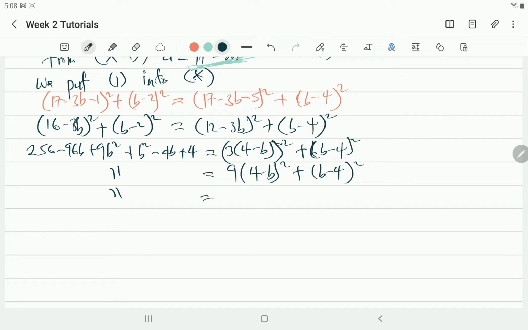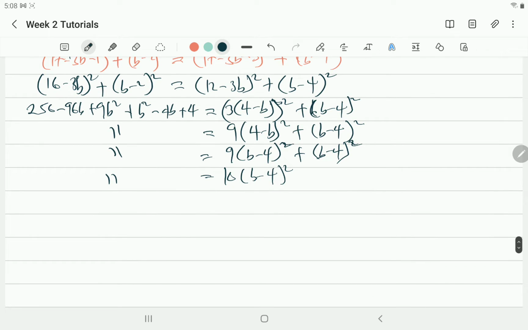And 4 minus b squared is actually the same as b minus 4 squared, right? So I can write 9 times (b minus 4) squared this way. So 9(b minus 4) squared plus (b minus 4) squared is actually 10(b minus 4) squared, and still the left hand side is repeated.